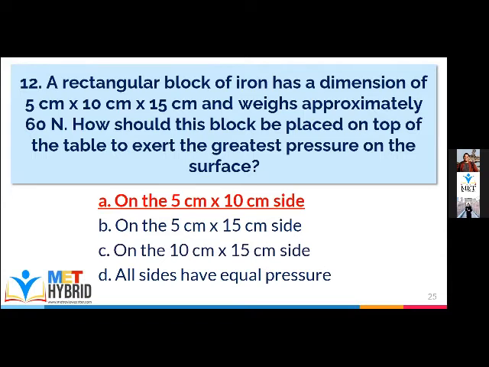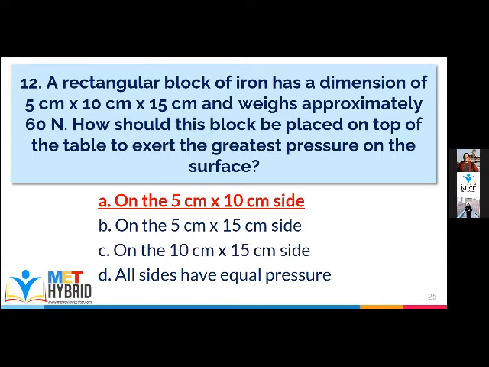If this is the case, we need to look for the side of your iron block which would have the least area. Because when you have the least area and put it in our formula, we will get the highest pressure. If you pick the highest area, then that's the time you would have the least pressure.